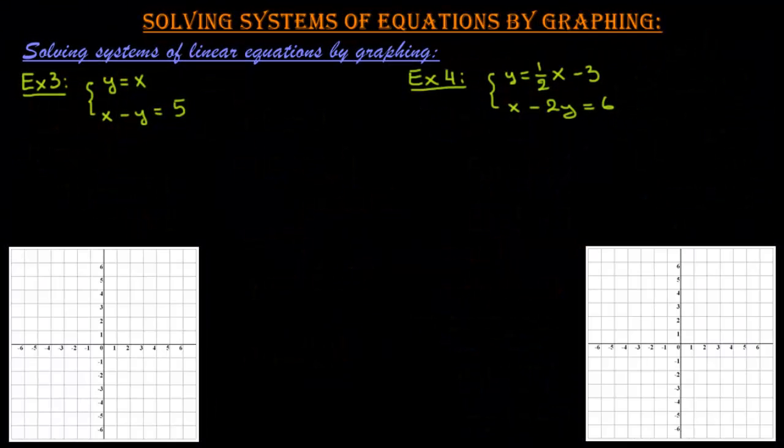There are 2 more examples I want to go over with you to make sure you understand all the cases of solving linear equations by graphing. So example 3, we have y equal to x and x minus y equal to 5. We're going to graph the first equation, y equal to x.